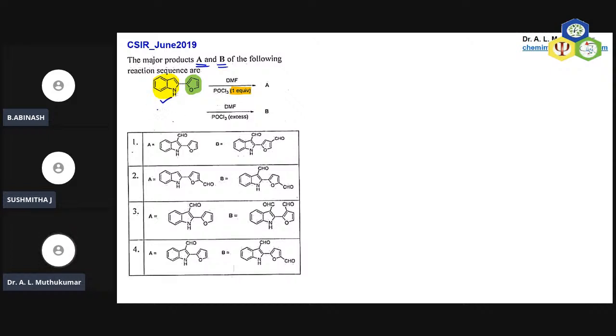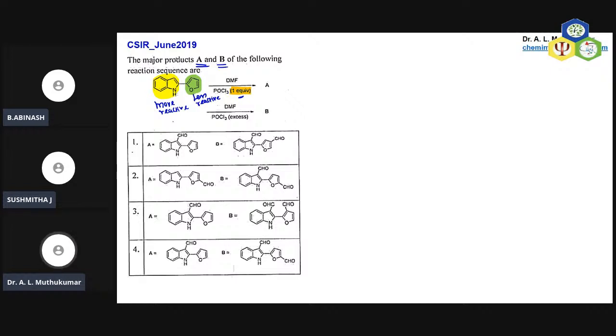This is a more reactive ring system, and this is less reactive ring system. Okay, so the more reactive will be undergoing reaction first when you use only one equivalent of POCl3, and where the reaction is taking place, that is the second question.